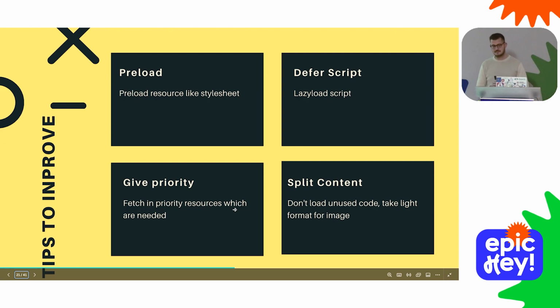And finally, split your contents. This is the biggest part and the more difficult part, because splitting contents is always complicated. Who uses Angular Material in this room? Yeah. And generally, with Angular Material, you link all the Angular Material style. But maybe when you launch your application, all the Angular Material style is not needed.